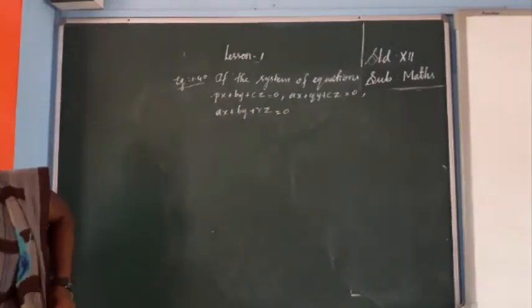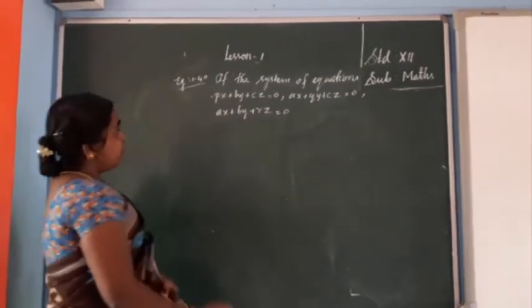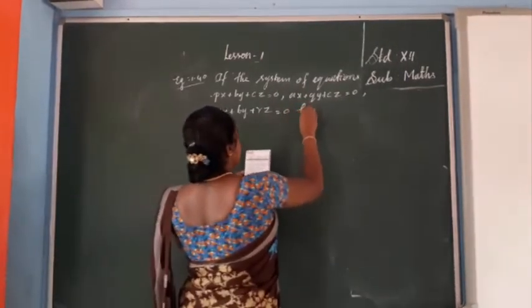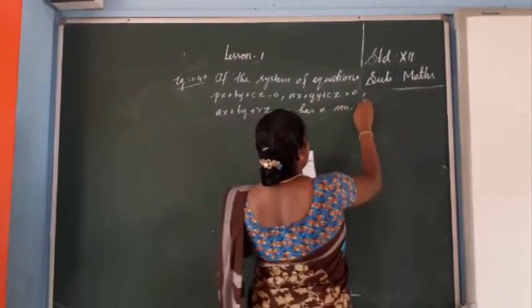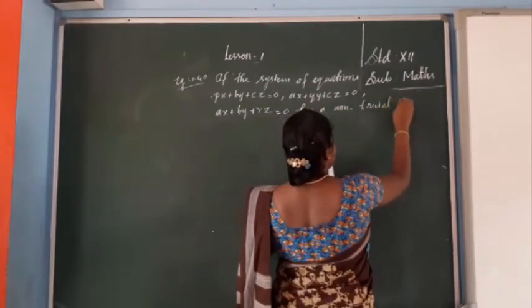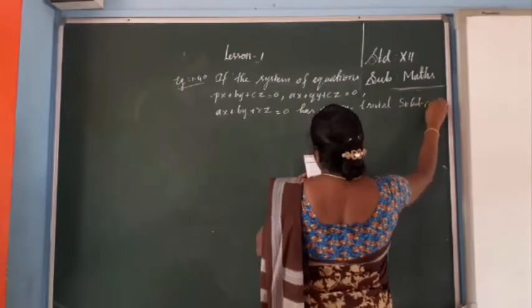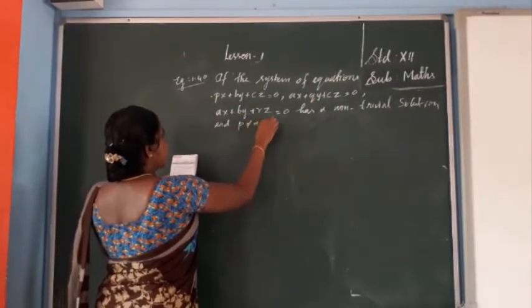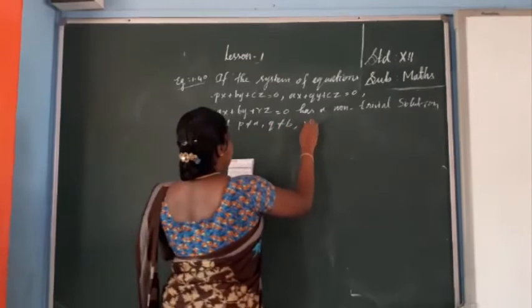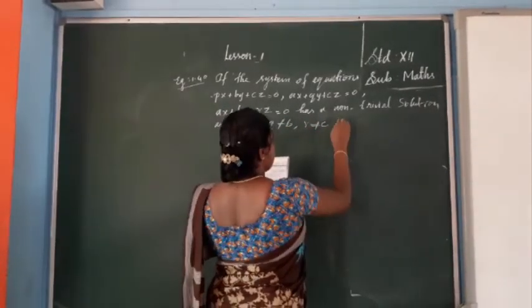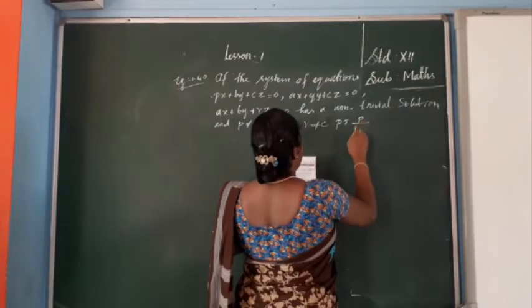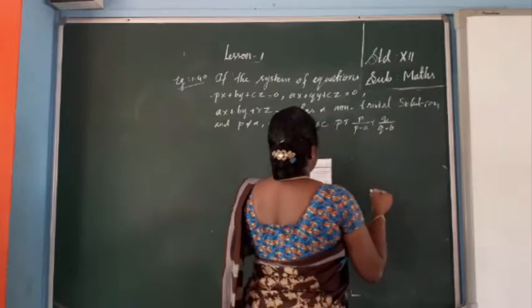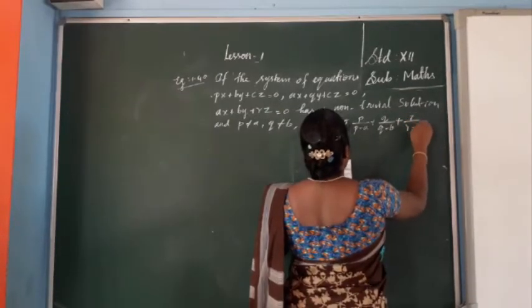Okay, listen. If the system of equations has a non-trivial solution, and p not equal to a, q not equal to b, r not equal to c, prove that p by p minus a plus q by q minus b plus r by r minus c equal to 2.